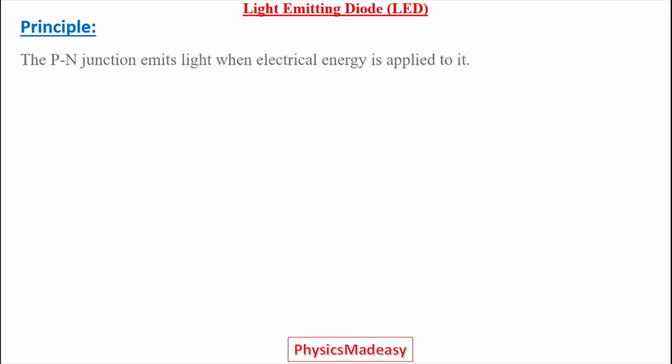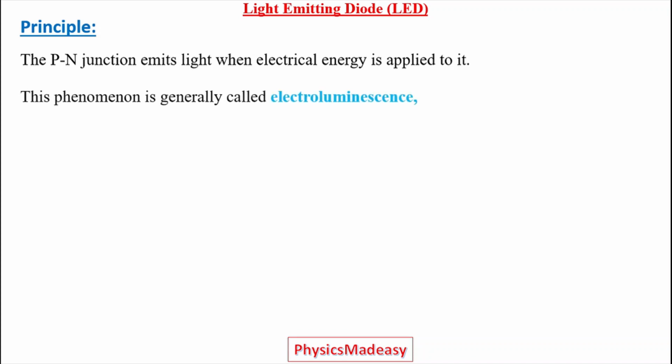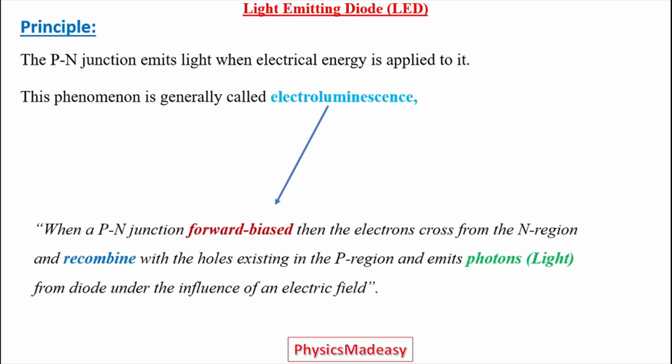Now we will see the principle of LED. A PN junction emits light when electrical energy is applied to it. This phenomenon is generally called electroluminescence. But what is electroluminescence? When a p-n junction is forward biased, electrons cross from the n region and recombine with the holes in the p region and emit energy in the form of light.